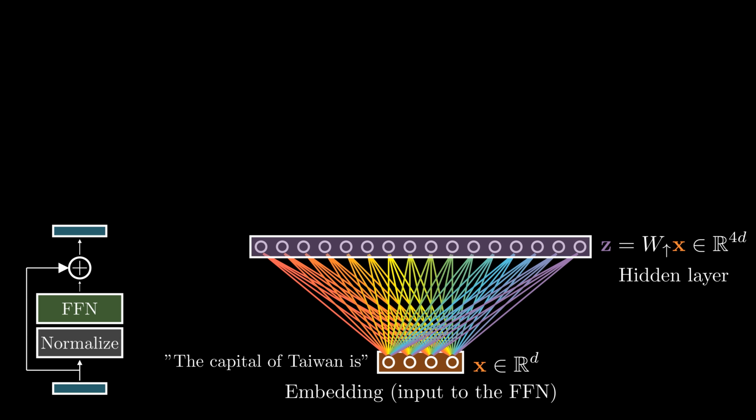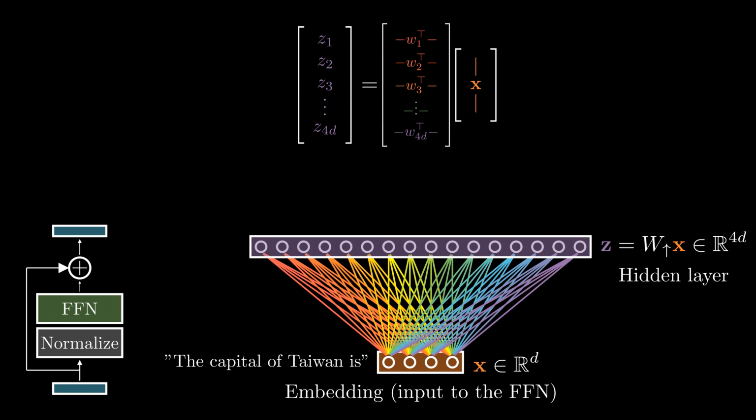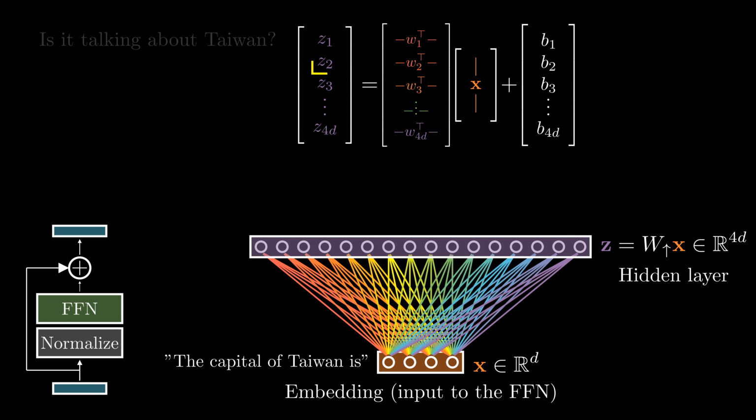As a result, we represent this linear layer with an up projection matrix, denoted as W up. Let's call this feature vector Z. We compute each dimension of the vector Z by applying a dot product between the learned weight vector W and the input token embedding, followed by adding a scalar bias. Each dimension of this linear layer can be interpreted as posing a distinct question to the token.